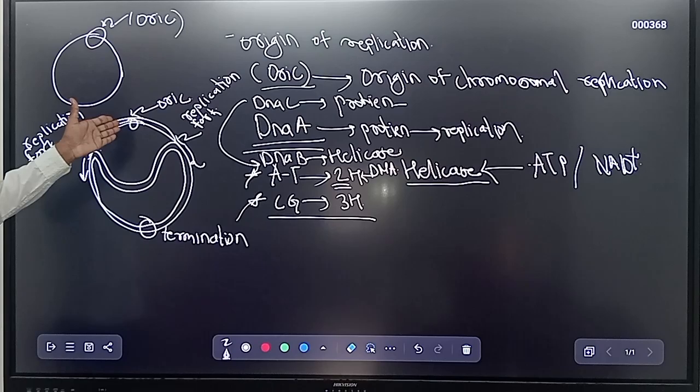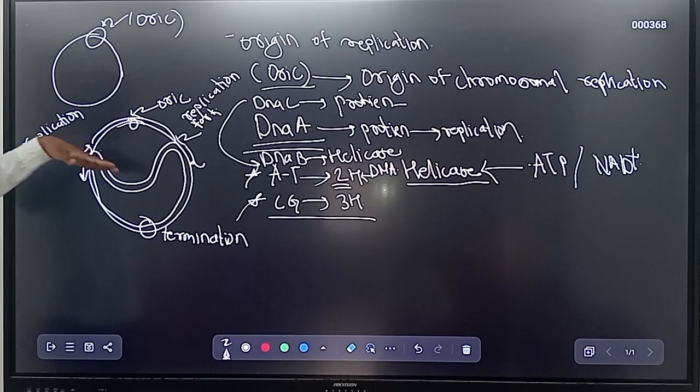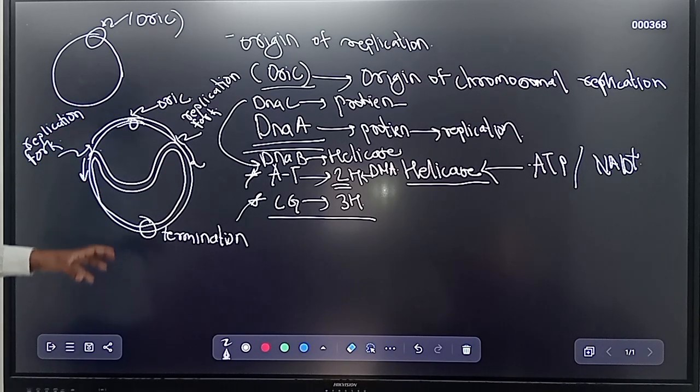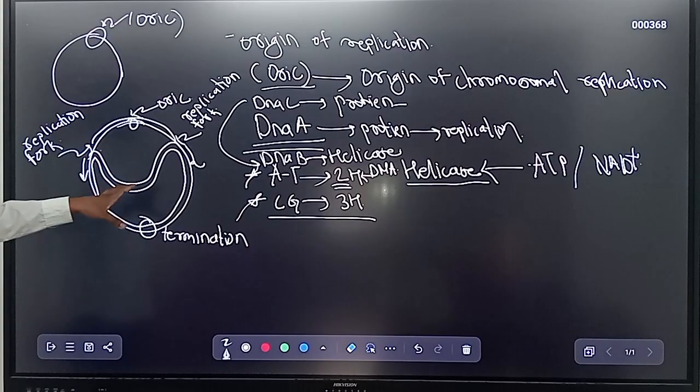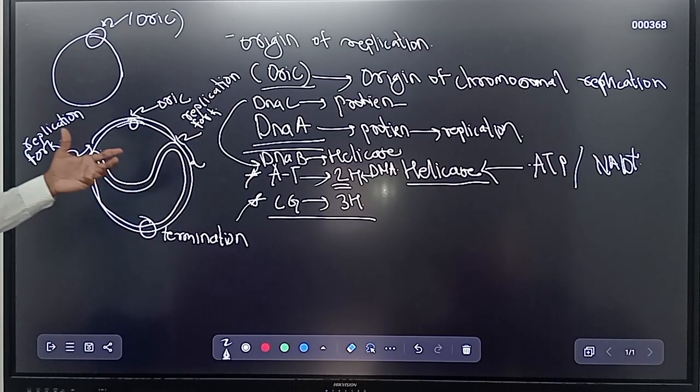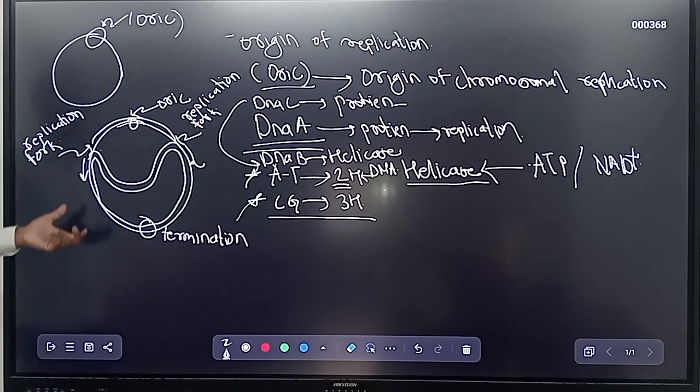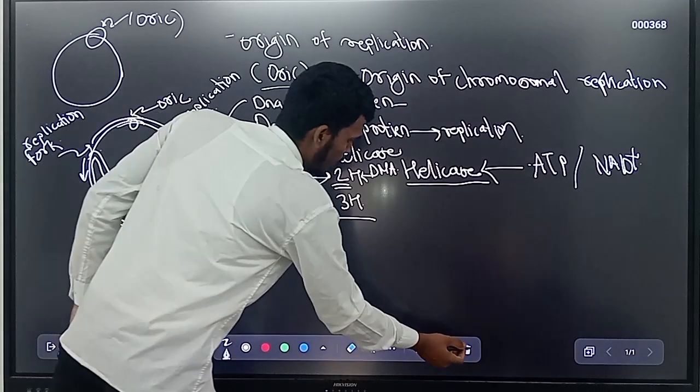So two replication forks will get formed. This is also a replication fork. A replication fork will get formed when all the types of proteins as well as enzymes attach to this and form a complete enzyme structure which will help the replication process to go on.